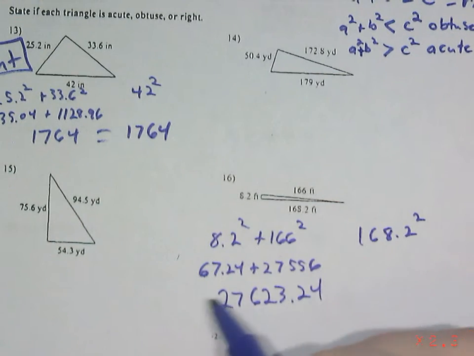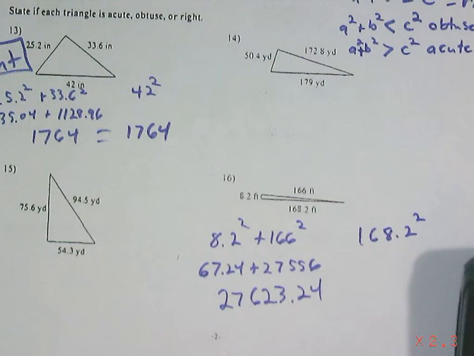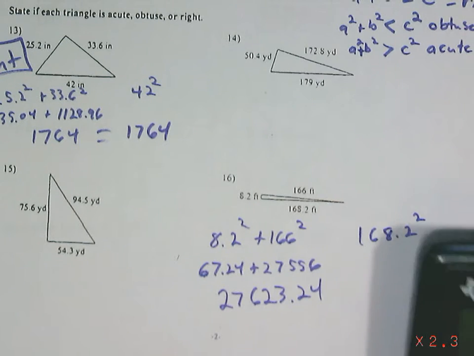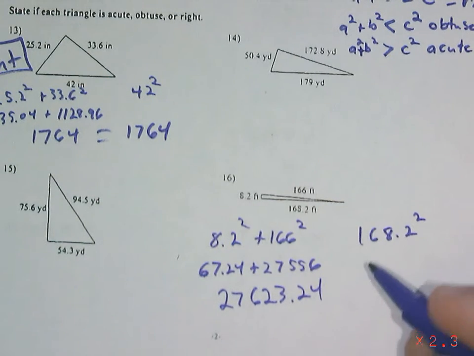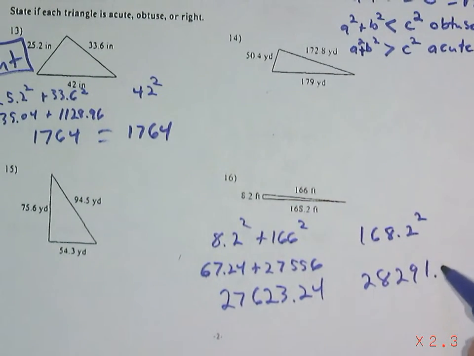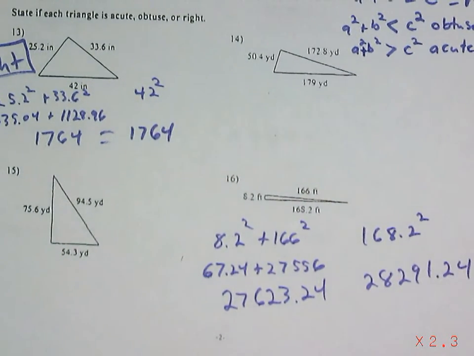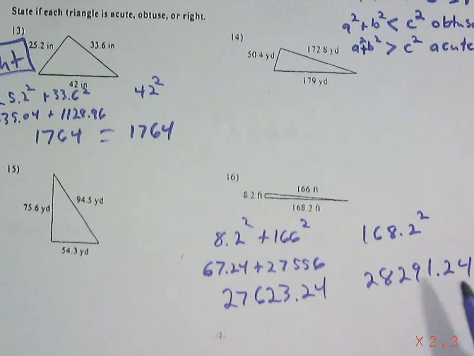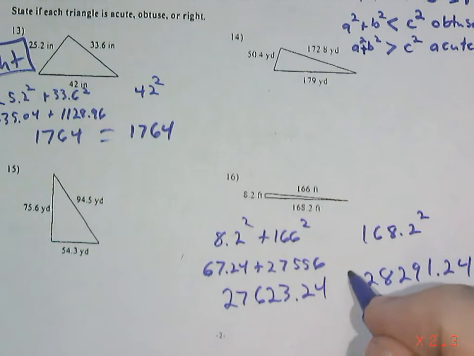So those are the two smaller sides squared added together. Now let's square our bigger side. 168.2 squared is going to be 28,291.24, which means the bigger side squared is bigger.